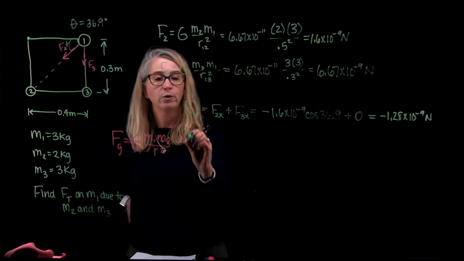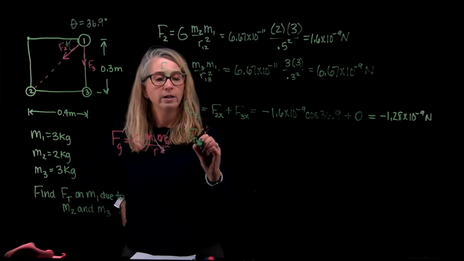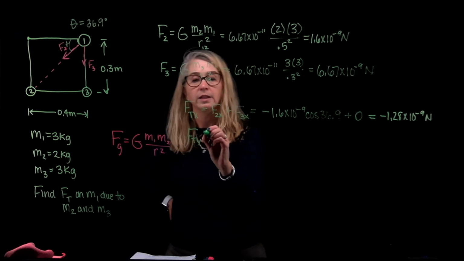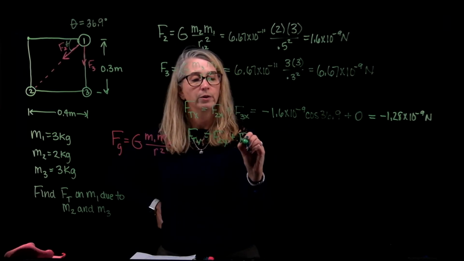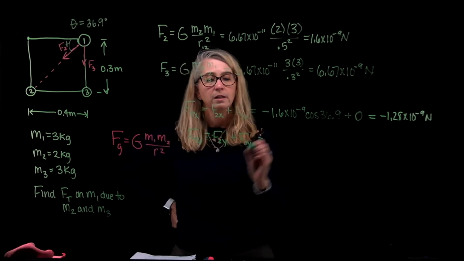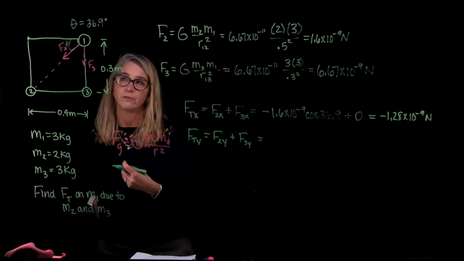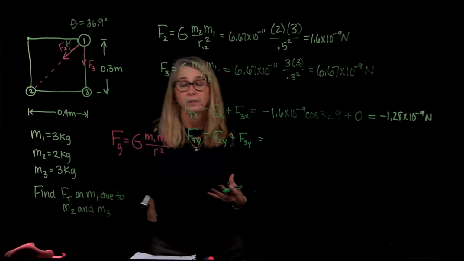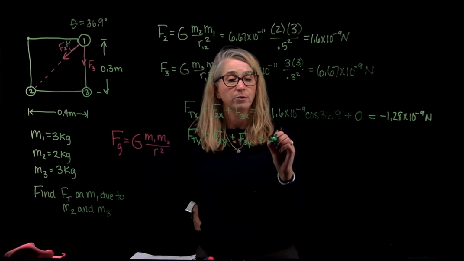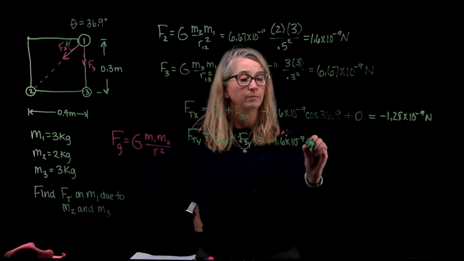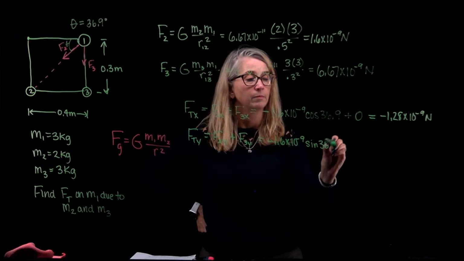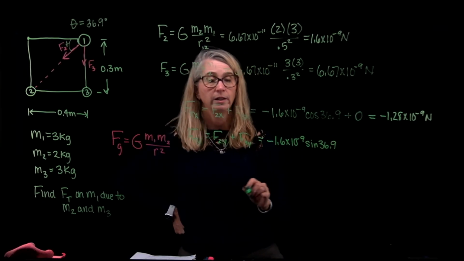Now we're going to find the total y component. That's going to be the y component of 2 and the y component of 3. For the y component of F2, we'll use the sine of theta, and it's also down, and that's why I put that negative sign there.